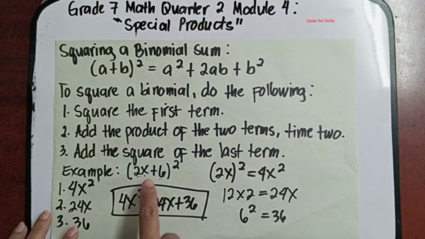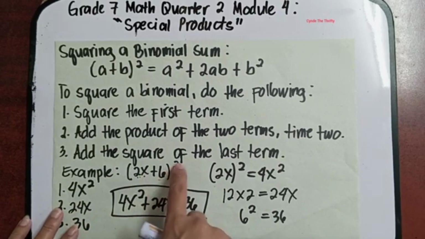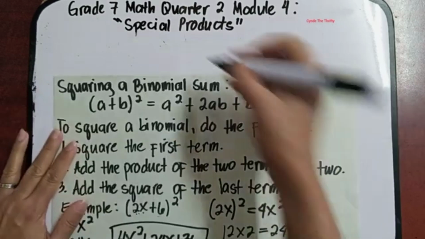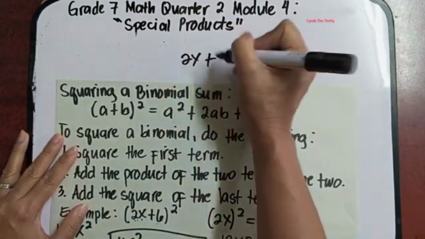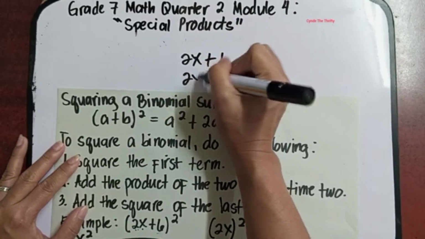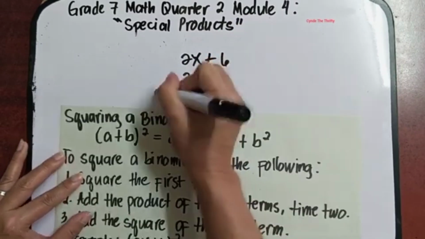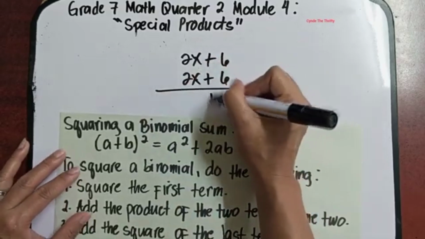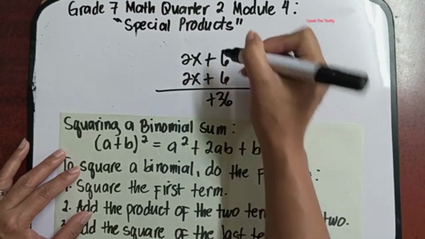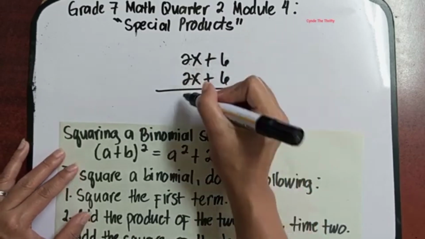Okay, kapag i-multiply natin si 2x plus 6 squared sa long method of multiplication, so 2x plus 6 times 2x plus 6. Okay, so 6 times 6 is equal to 36 positive kasi pareho positive. 6 times 2x is equal to 12x.